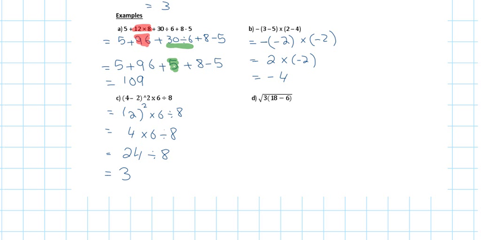Do you guys know what that symbol is in D? That's a square root. What's a square root? What's the opposite of addition? Yeah, subtraction. What's the opposite of multiplication?